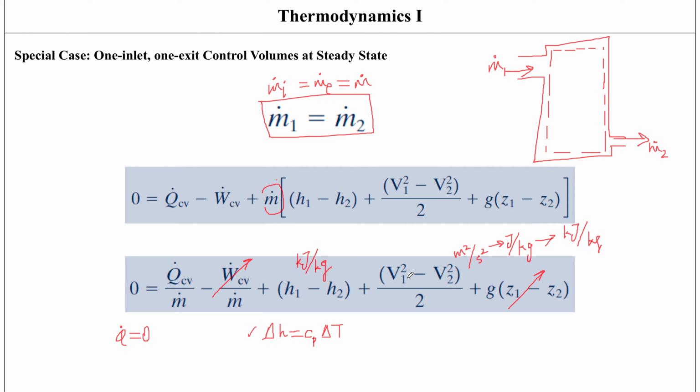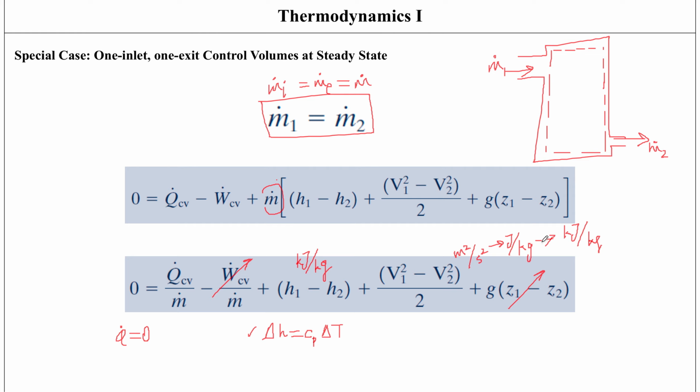So when do you neglect this term, or when is it negligible? When you are looking at velocity changes that are extremely small. Because when velocity changes are extremely small, that only corresponds to a kinetic energy change of, let's say, 1 kilojoule per kilogram at most.